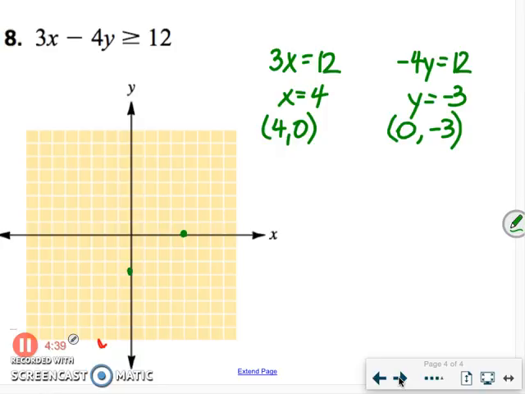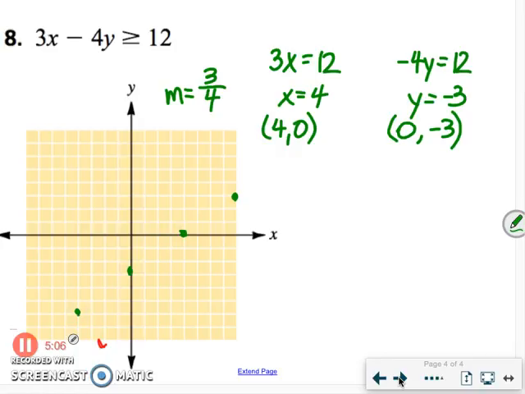And then I can look at the slope, which is actually positive 3/4. And I can get that from right here, up 3, forward 4. And then I can plot a couple more points so that I have some more points to look at.